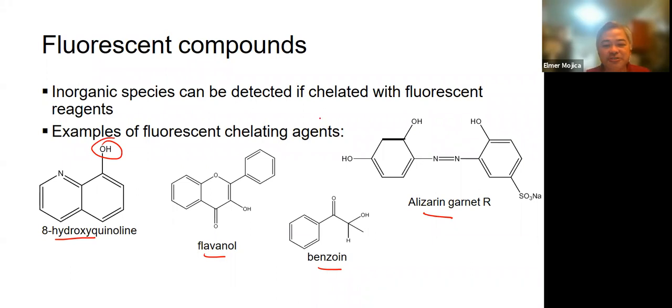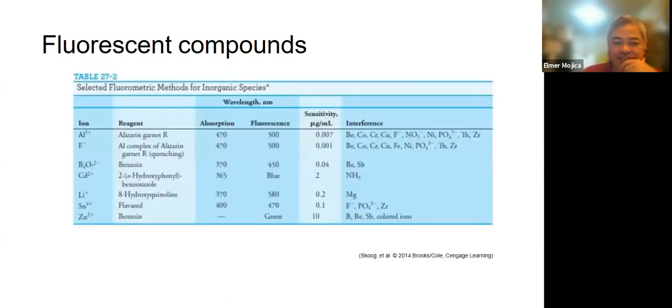Another way that they use is you chelate, this time, your inorganic species with a fluorescent reagent. And just to give you the idea here, they are really what we call sensitive. So you have an absorption here of 470. So what does this mean? That's your excitation wavelength.